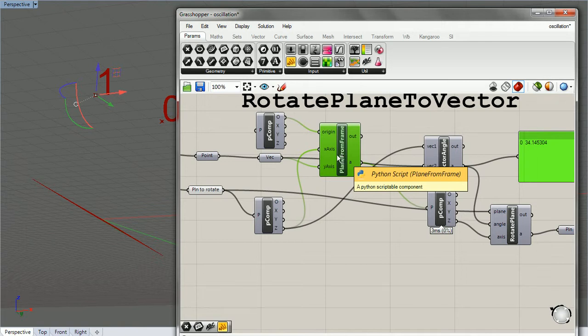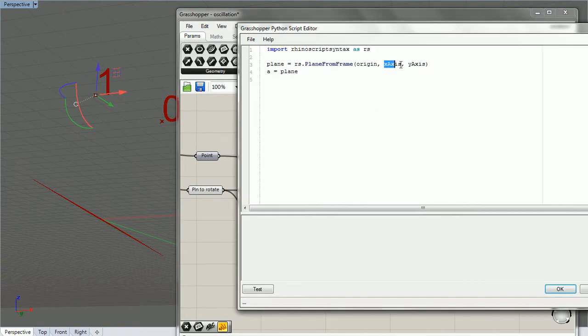What's important to know about this is that it gives more importance to the x-axis than the y-axis. So it's kind of similar to the plane from normal, and then the oriented plane that we wrote, in that it could give privilege to either one of these, but it does to the x-axis.